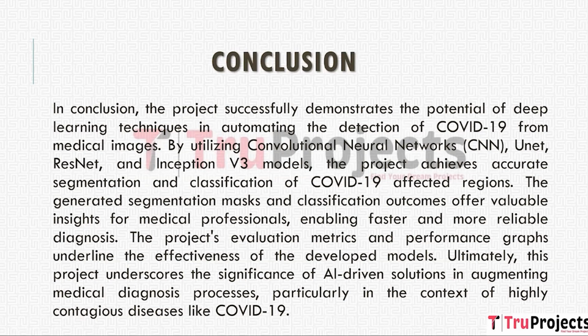The evaluation metrics and performance graphs created for the project demonstrate the effectiveness of the proposed models. Finally, this effort emphasizes the need for artificial intelligence-driven solutions in complementing the medical diagnosis process, particularly in the context of highly contagious diseases like COVID-19.